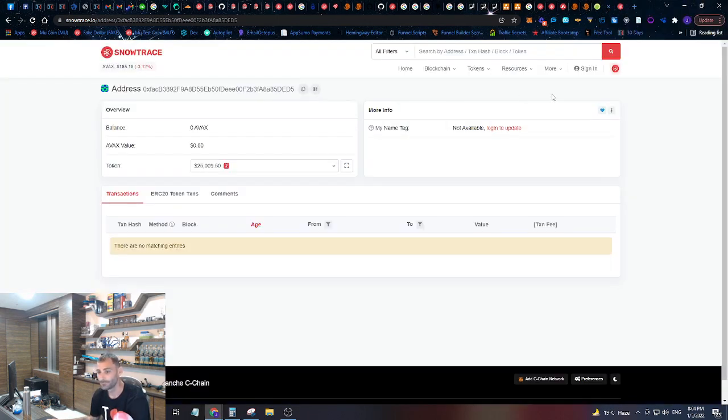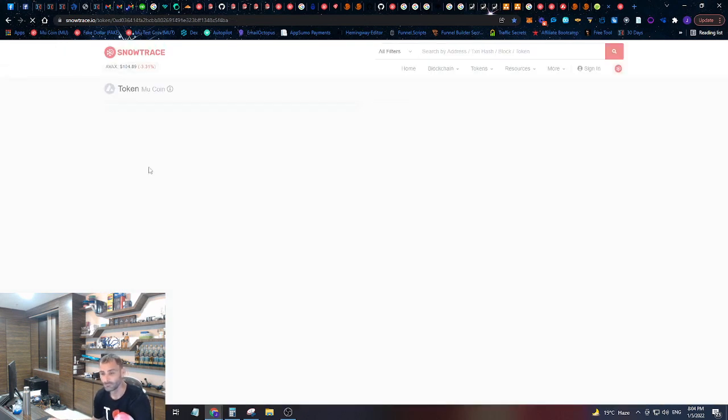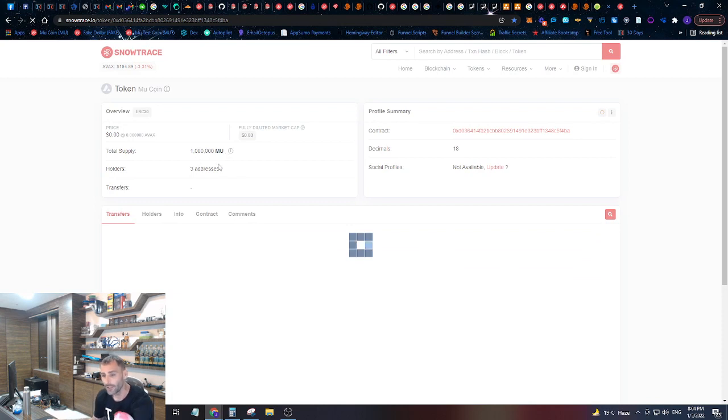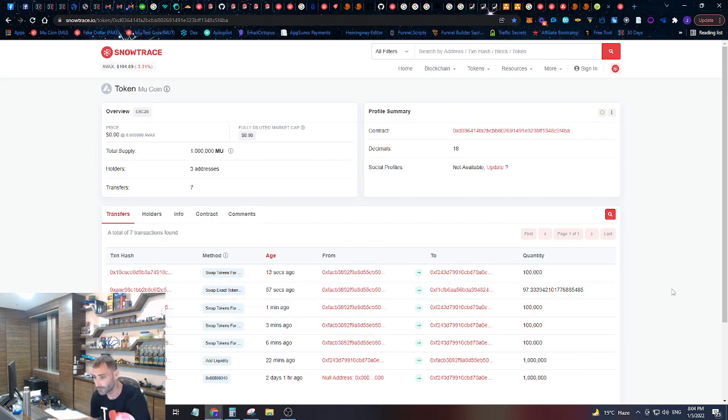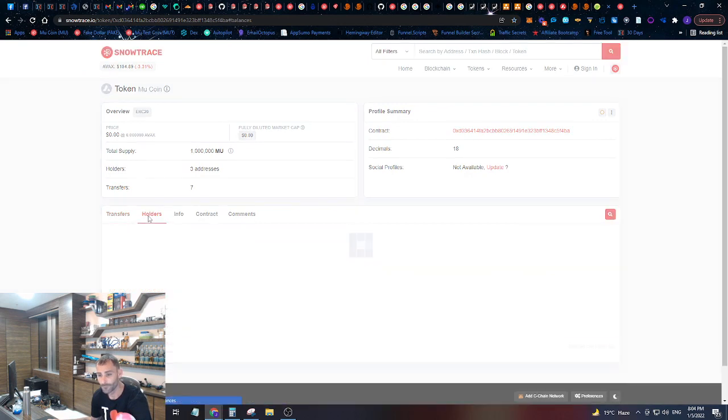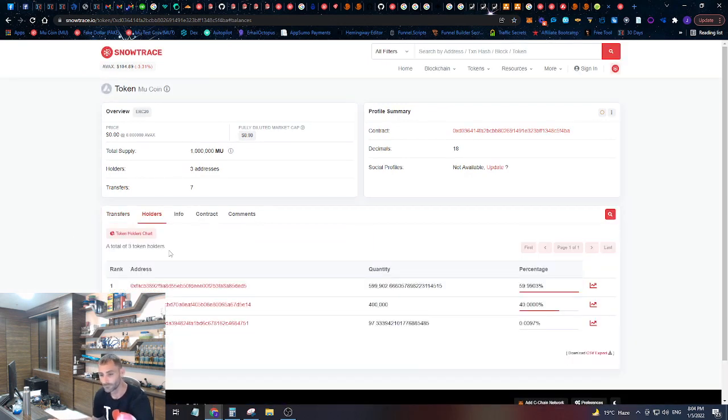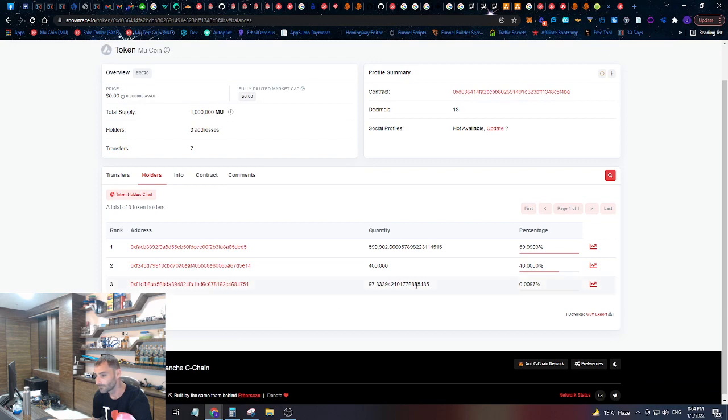Wait for that. Let's come back over here and look at our mu coin again. And you can see here in our mu coin, somehow now there are 3 addresses that own mu coin. So somebody else must have purchased mu coin while we were doing this. I don't know who that would be because no one else actually knows about it, but someone has purchased it. You can see here that somebody has bought 97 of those mu coins.